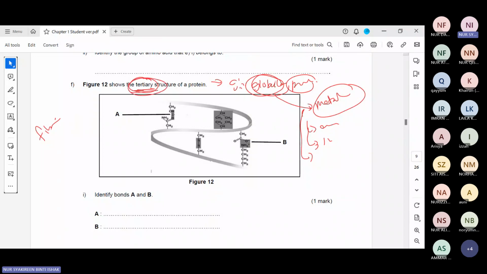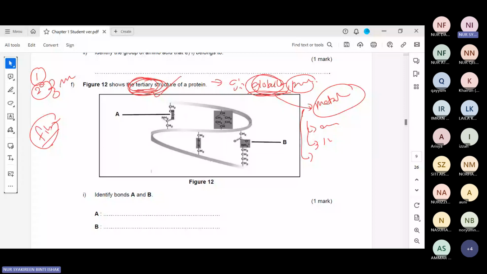Obviously both fibrous and globular proteins have primary structure, where amino acids are bonded together through peptide bonds, and also secondary structure, helical or pleated. Fibrous proteins skip tertiary, while globular proteins have tertiary structure. Quaternary structure can occur in either, depending on the type of protein.